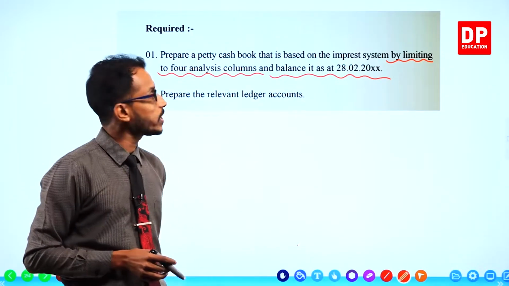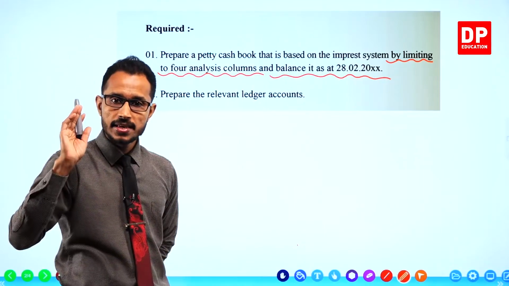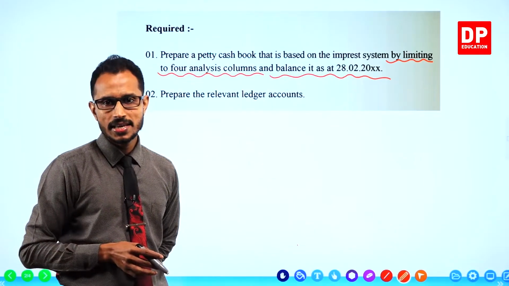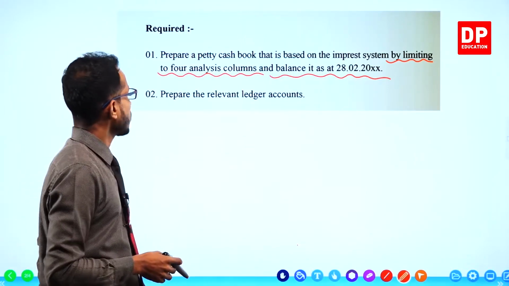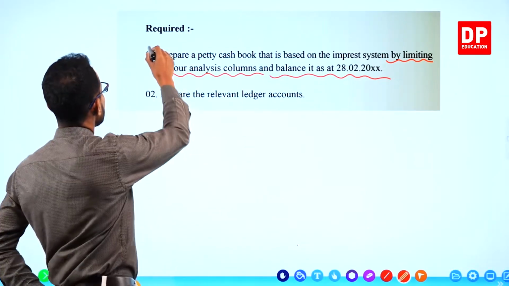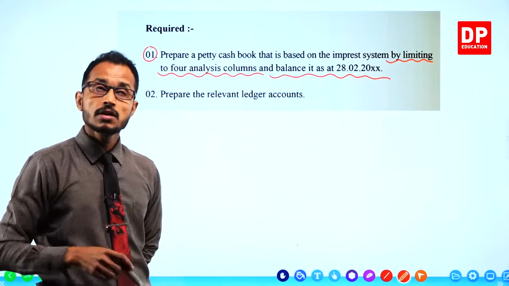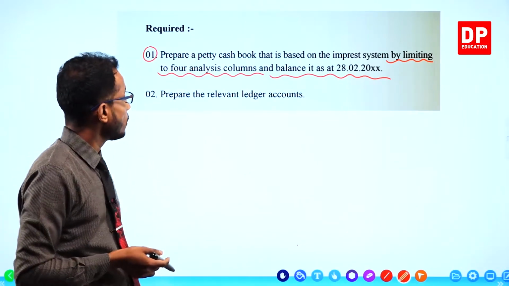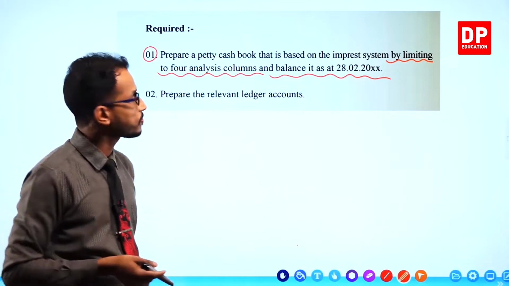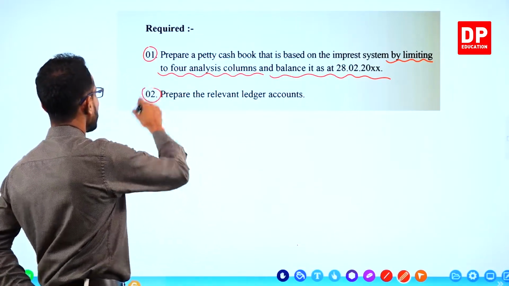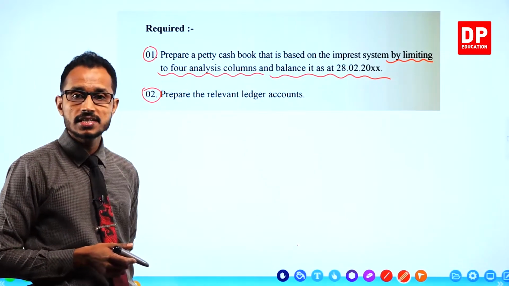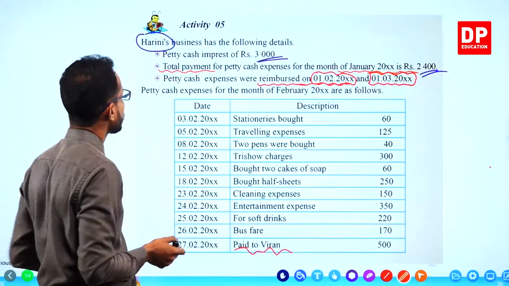End of the month is 28th. On the 28th, we should balance the petty cash book. Then prepare the relevant ledger accounts. First one, we should prepare the petty cash book based on the imprest system, and balance the petty cash book. Prepare the relevant ledger accounts. Let's do it.